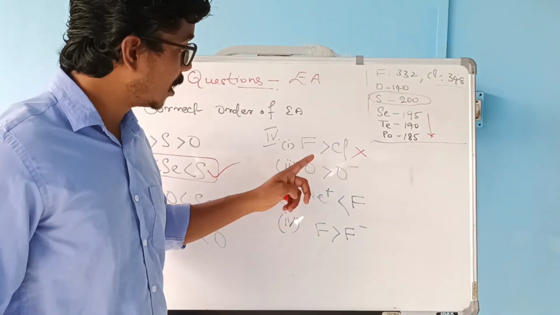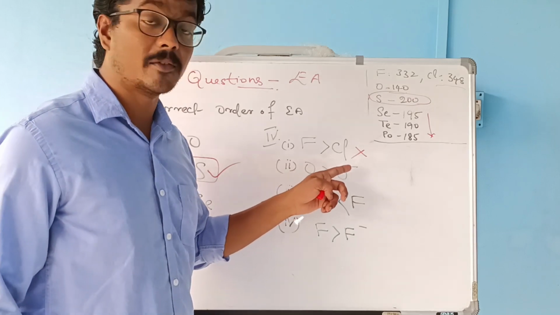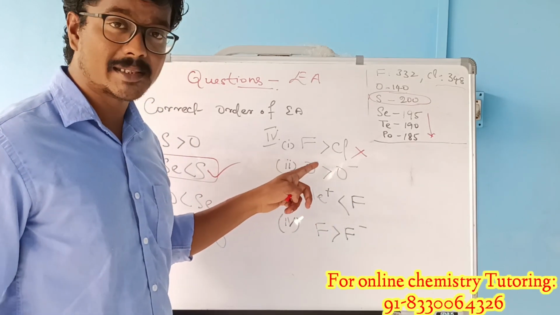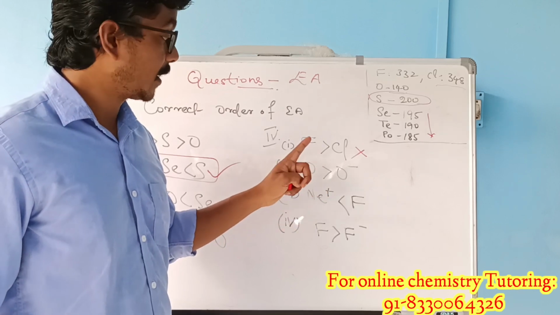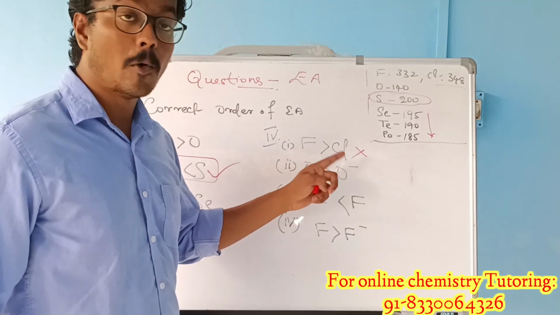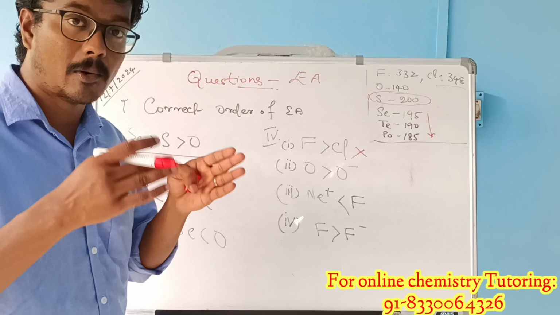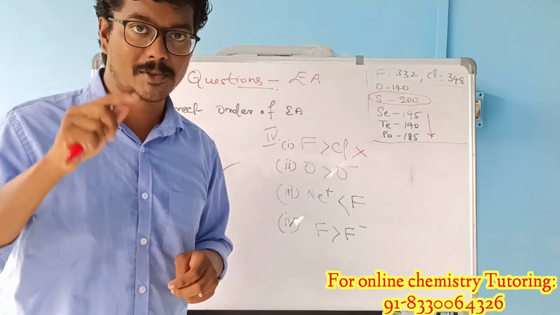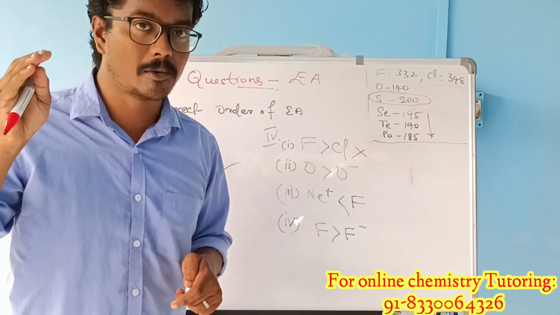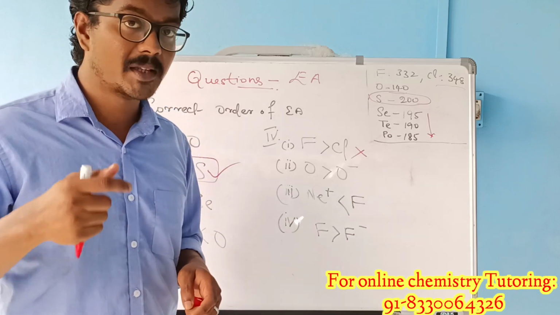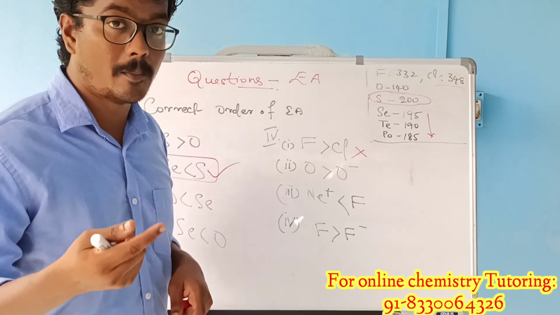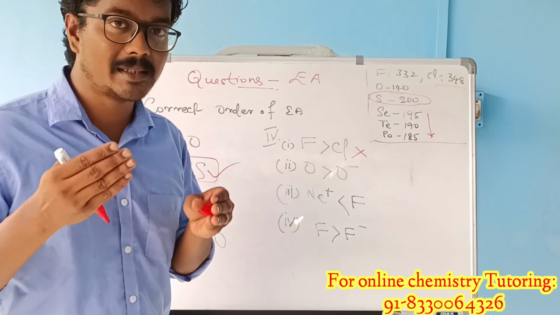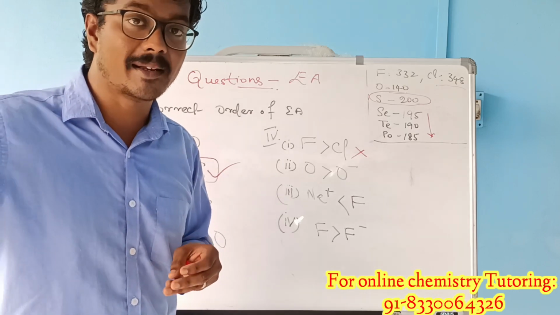The second: oxygen possesses very high electron affinity than O minus. So you all know that oxygen is a neutral atom. The electron affinity of O minus means the oxygen atom already has one extra electron, so it is in an anionic form, with a negative charge already existing. So the electron affinity of O minus means the O minus anion accepts another electron.